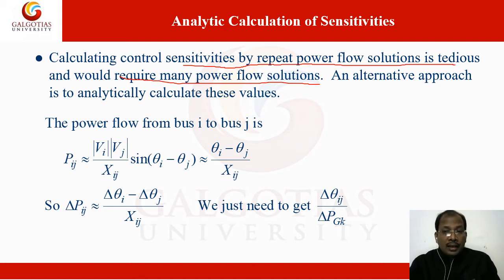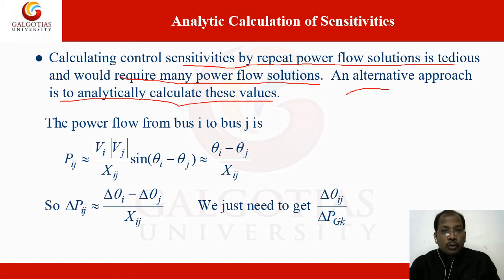When we plot a straight line, we can see that we get a lot of possible solutions. Which solution is optimal, which solution is less sensitive, is very difficult to calculate. So an alternative approach is to calculate these values analytically.